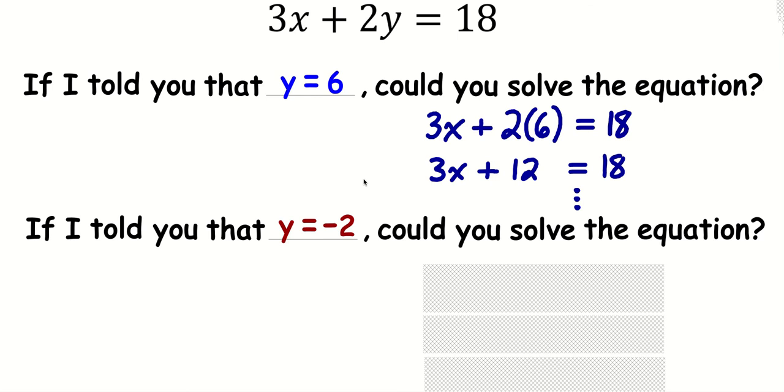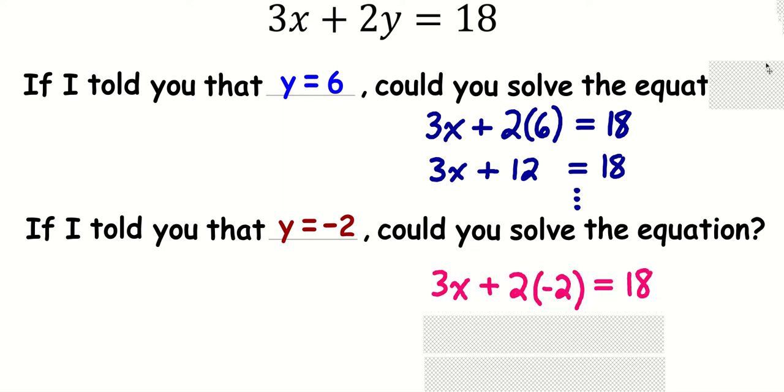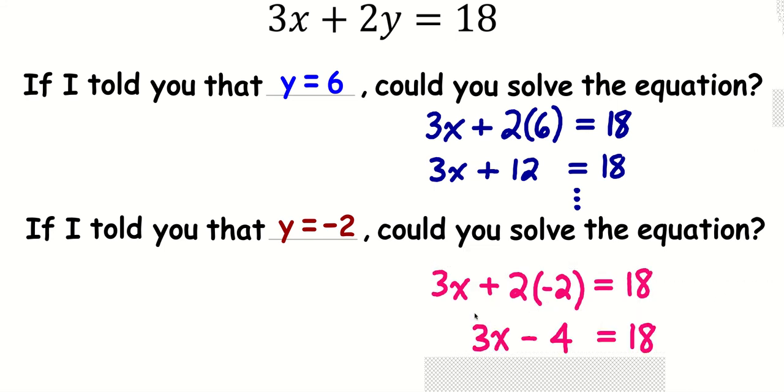What if I told you that y equaled -2 instead? Excuse me. Could you solve the equation? Long story short, yeah, this is basically the same idea as what we just did with y equals 6. If you knew that y equaled -2, same thing: if you replaced or subbed in -2 for the y, that would get you this right away, which is now totally solvable, because this becomes 2 times -2.